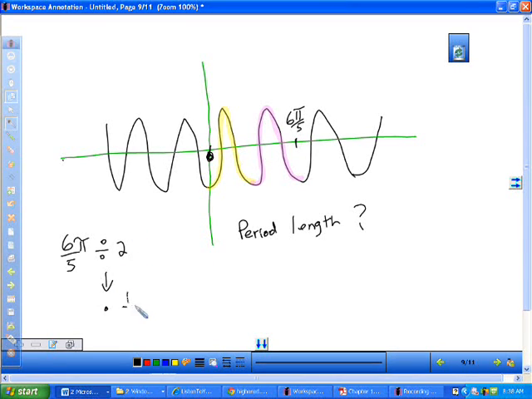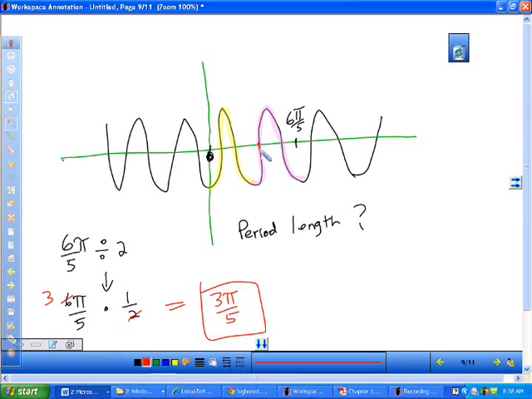So that's going to be 1 over 2, and that's going to be 6 pi over 5. The 2 and the 6 cancel out, making the 6 a 3. And that's 3 pi over 5. That's the length of one cycle of this graph here.